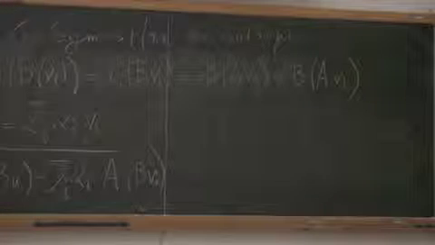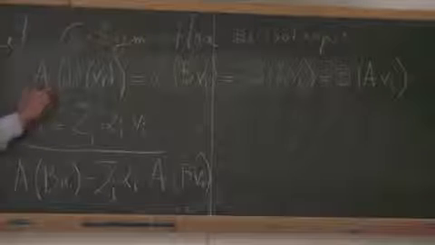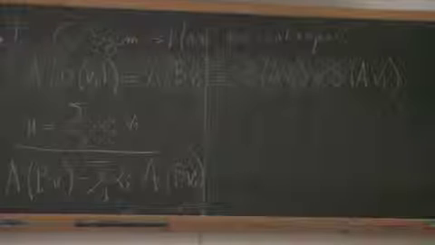So what have I written? I have written the commutation rule between A and B in the particular case of eigenvectors of A.